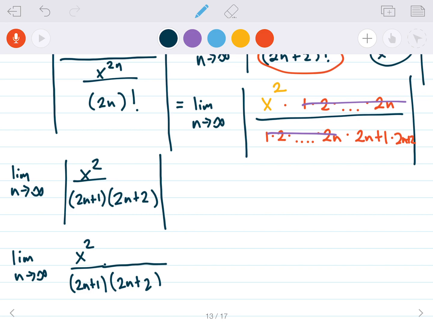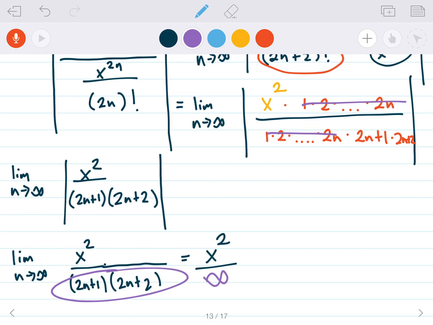Now keep in mind that x is fixed, right? When we do these power series problems, we're trying to see what happens when n goes to infinity, but x is a fixed number, right? So what happens when we plug in infinity into the bottom? Well, this whole thing's going to infinity, right? So we have some fixed number x squared over infinity. And what do we know about this?